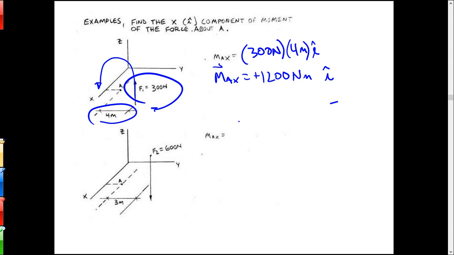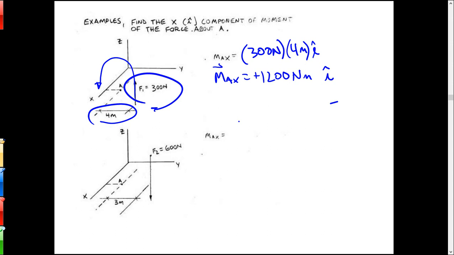How about the next one? What do we got for that? So get the sign and the magnitude of the next one. That's the next moment also. I've got it dimensioned there.